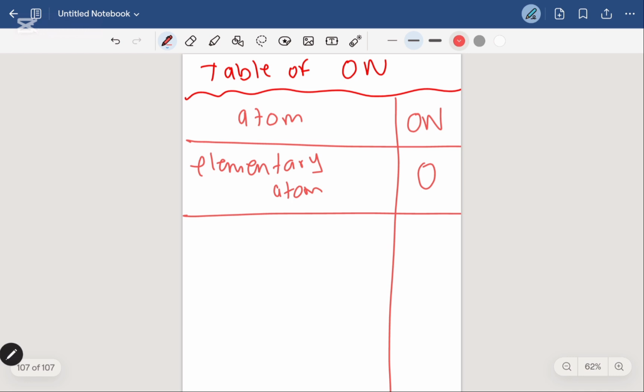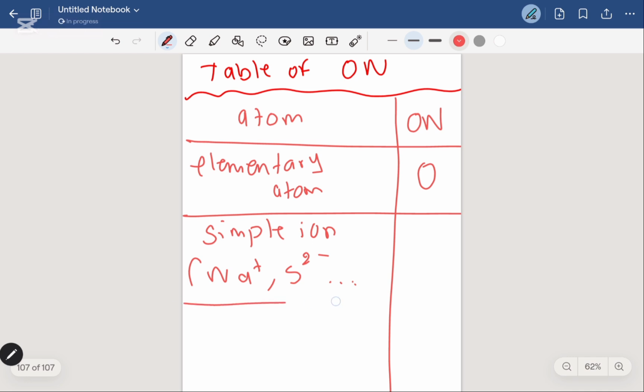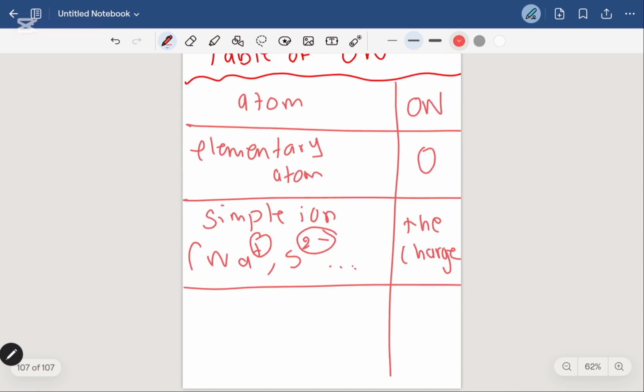Now, if they gave you a charged atom that we call an ion, a simple ion, not a complex ion, okay, for example Na+ or S2-, it's going to take the charge. The oxidation number is the charge. So here it's going to be +1, and for this one it's going to be -2.